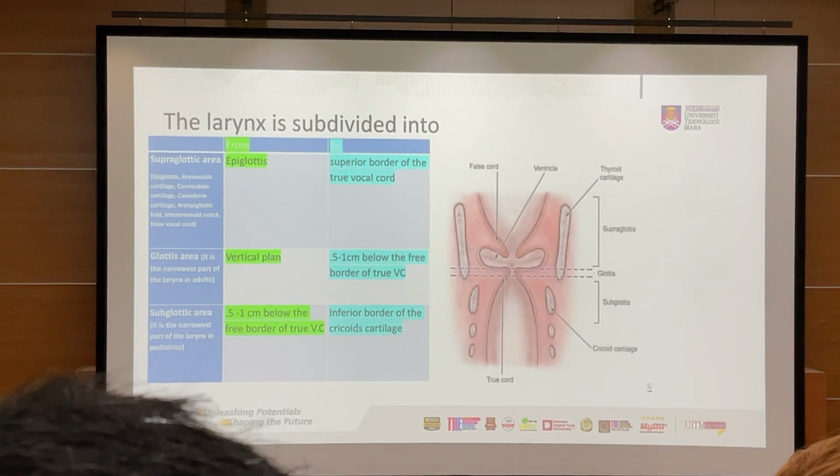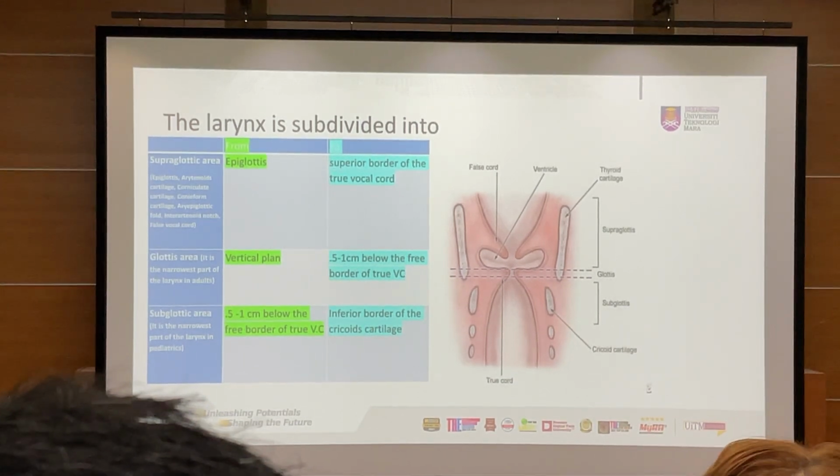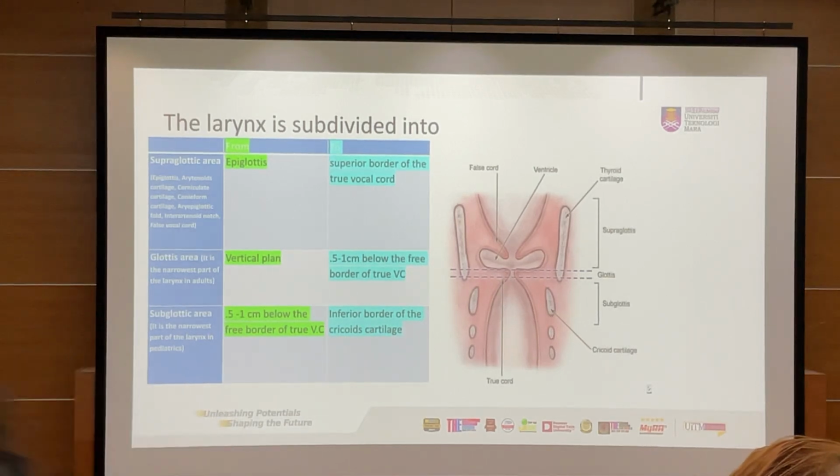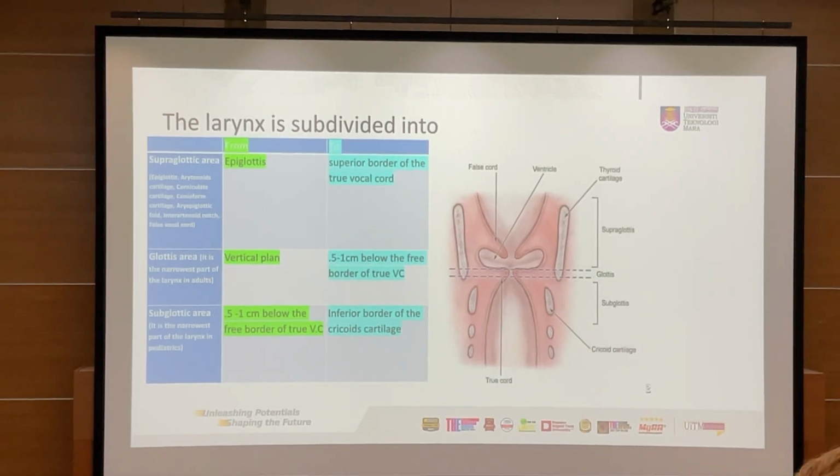And then the glottic area is from the superior border of the vocal fold until 1 centimeter below the true vocal fold. And the subglottic starts from 1 centimeter below the vocal fold until the inferior border of the cricoid cartilage. I think some books use 0.5, but I will use 1 centimeter.